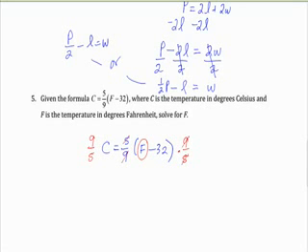You do not need to distribute in this case. You could distribute and still solve, but canceling the fraction first is a lot easier, and you can do that because the parentheses make this all one term. So we are left with 9/5 C equals F minus 32.